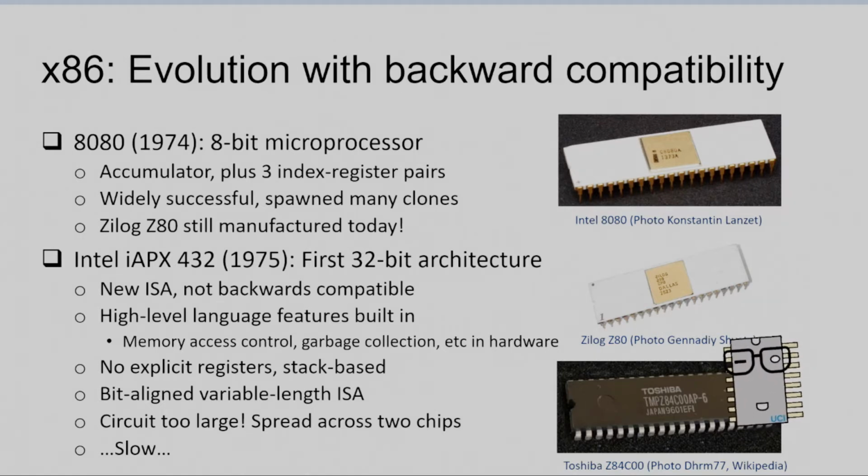So the 432 chip was spread across 2 separate chips, and their communication between them. One had decoding, because you can probably imagine decoding, like reading and making sense of the instructions, the variable length instructions, all that stuff, was big enough to fill up a chip.